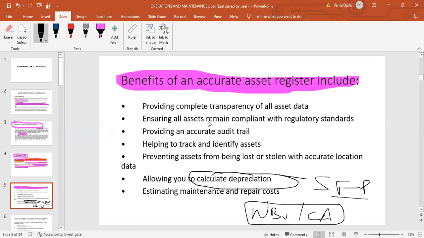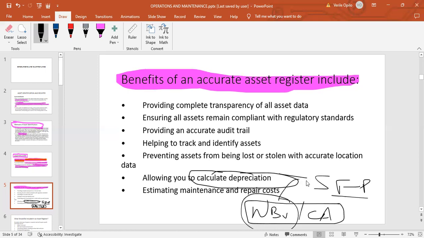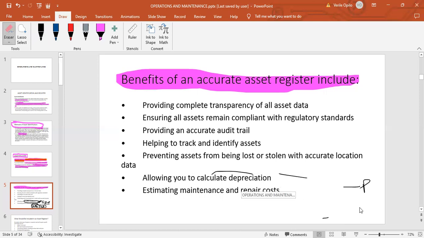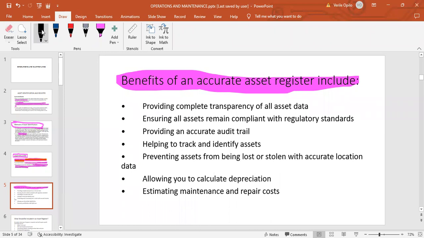Without details about the asset, the condition of the asset, and the initial cost of the asset, you will not be able to get this net book value, which you are going to include in the statement of financial position for that particular asset. So to have accurate data in the business, you need that asset register, because now you can get details about the cost, the depreciation, and therefore the net book value of the asset.